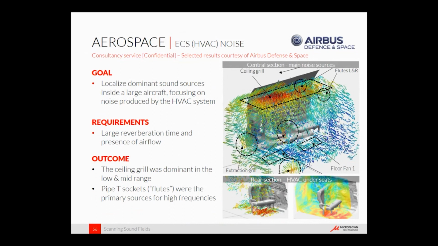And the complex thing here in the end is, with most systems, you can see relatively easily where sound comes from if sound radiates perpendicular away from the surface. But in this case, that was not the case. As I said, you had this T connection, and the sound field was much more complex.